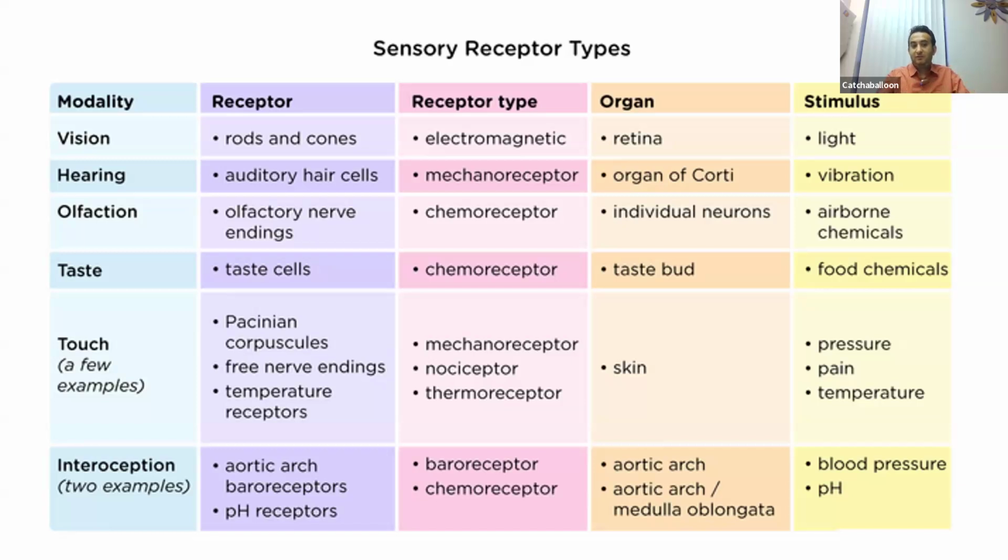The receptors per se don't have any mind or brain. They are just responsible to take that stimulus and communicate it to the central nervous system.